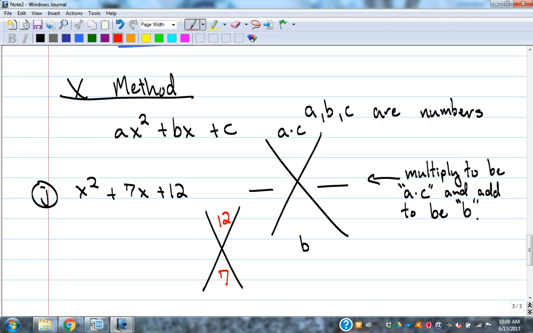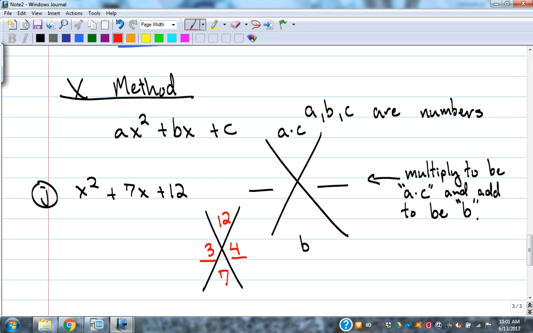There's 6 times 2. 6 times 2 is 12, but what's 6 plus 2? 8, not 7. So that's not the right ones. What else multiplies to be 12? 3 times 4. 3 times 4 is 12. What's 3 plus 4? 7. 3 and 4 are my numbers that are on the sides.